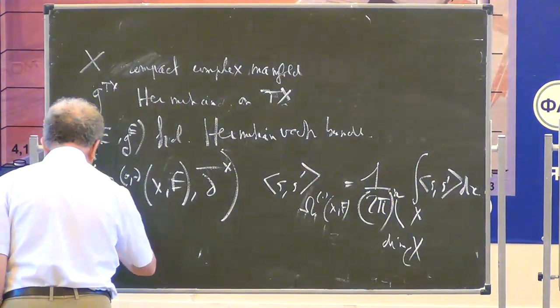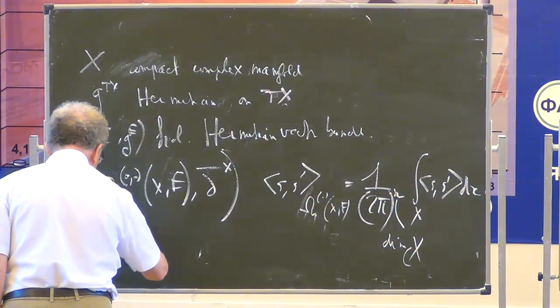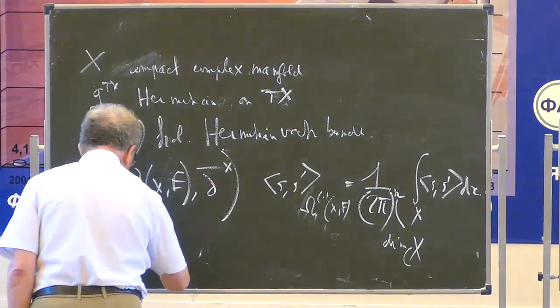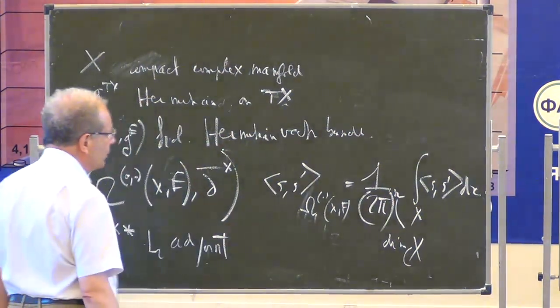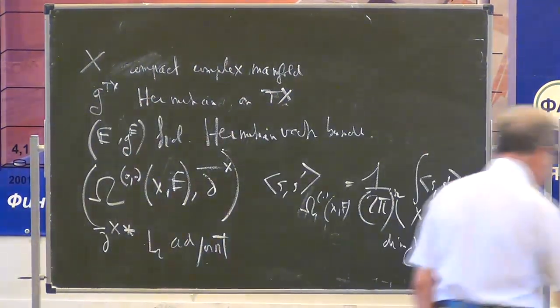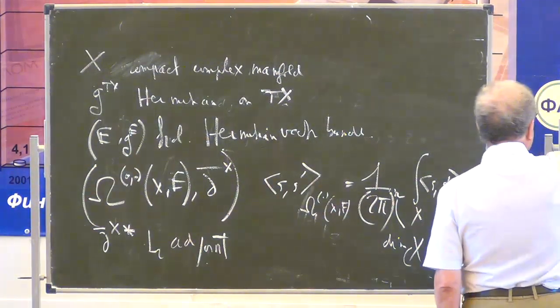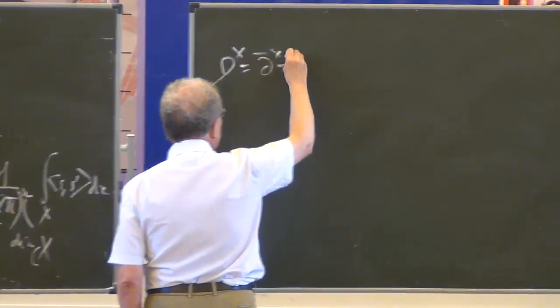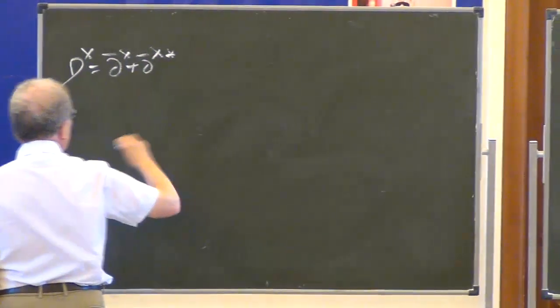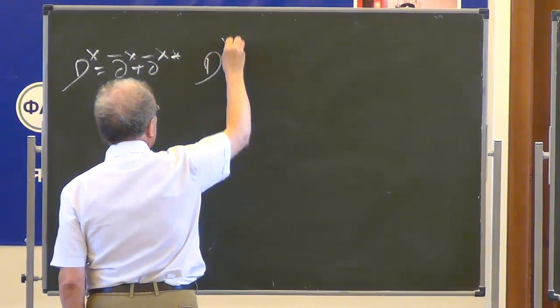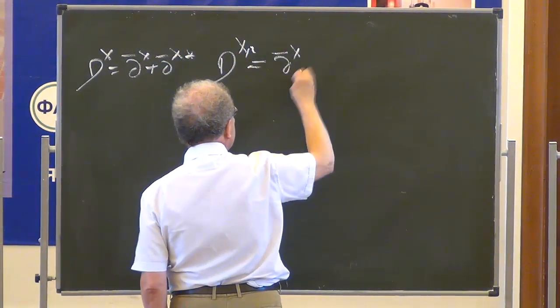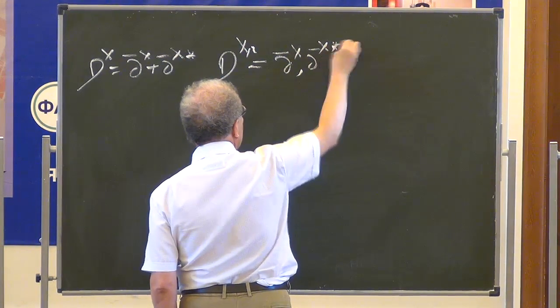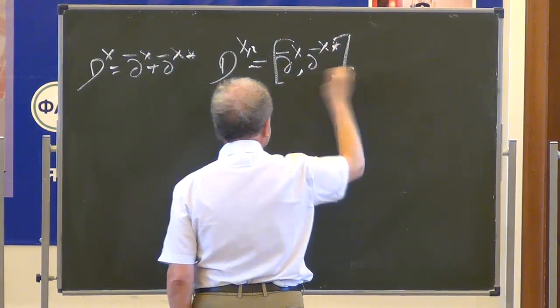So then I introduce the adjoint, \bar∂^{X*}, the L2 adjoint with respect to the L2 Hermitian product. Then an analog of the Dirac operator, which is \bar∂^X + \bar∂^{X*}, and the corresponding Hodge Laplacian, which is the supercommutator of \bar∂^X and \bar∂^{X*}.